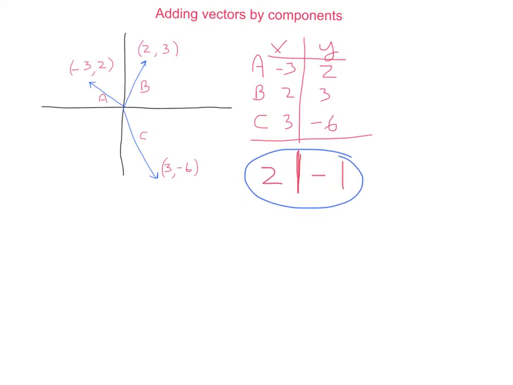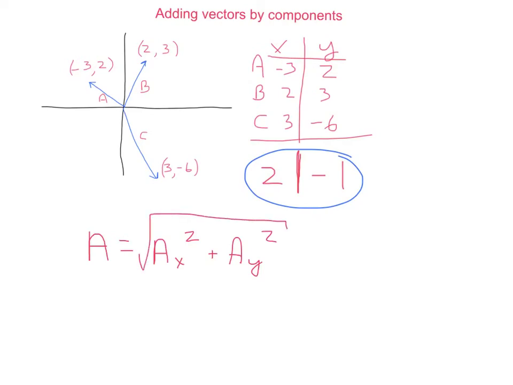So when we want to figure out what the magnitude is, we have the formula: the magnitude of A, or any vector, is equal to the square root of ax squared plus ay squared.